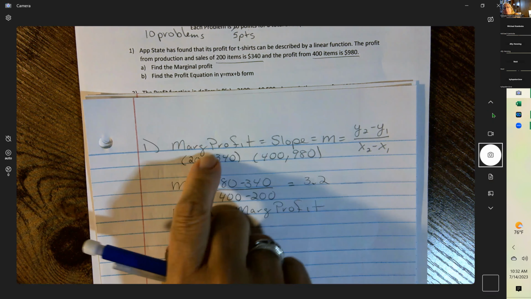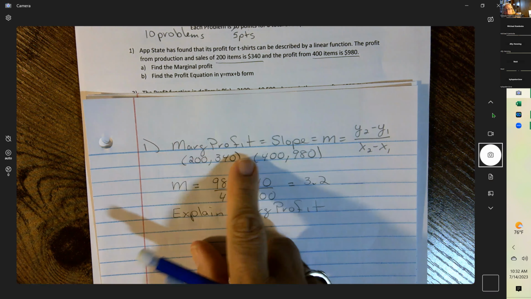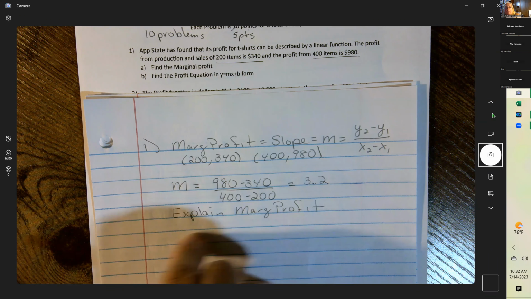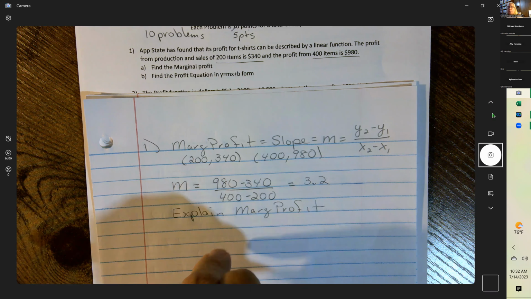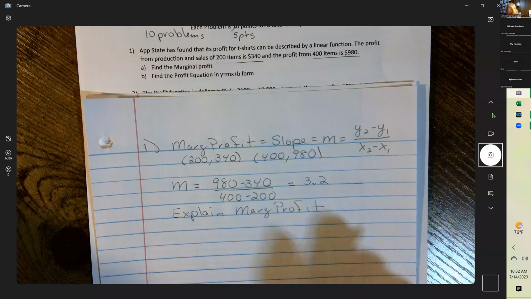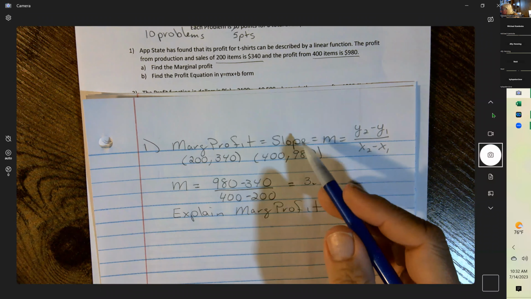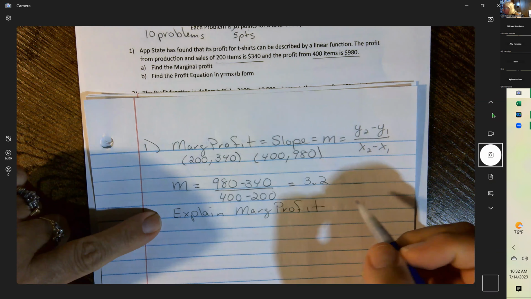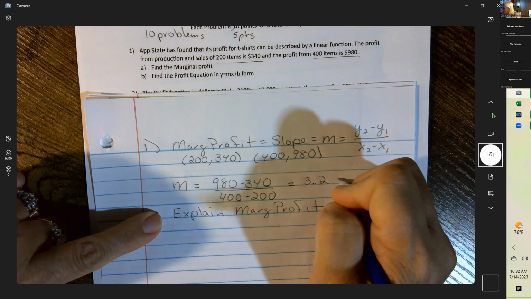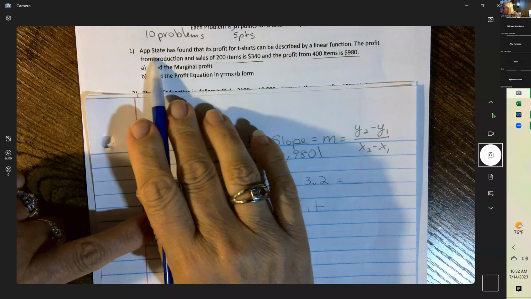On the exam, I had you find the marginal profit, or I gave marginal profit, and then you have to explain it. So I broke it into 2 parts. So we find the marginal profit. To explain it, let's see, mine's probably t-shirts.